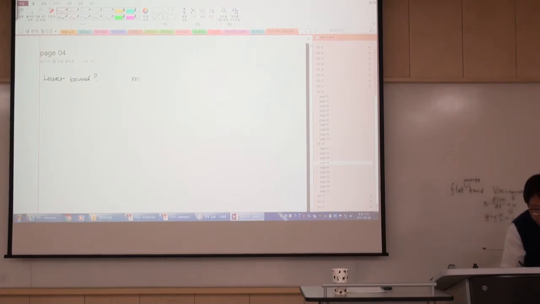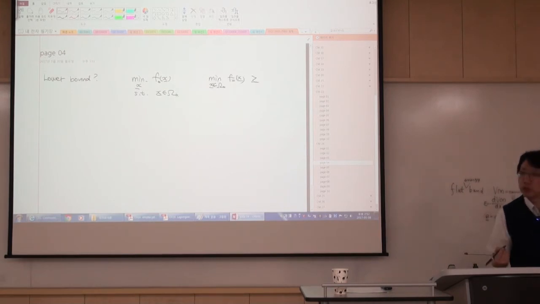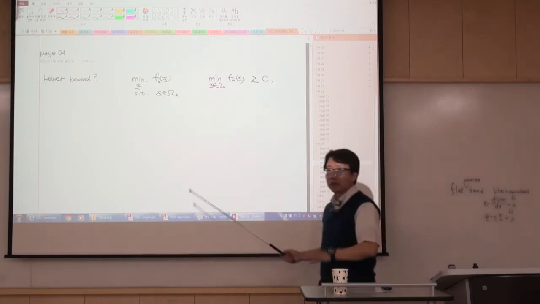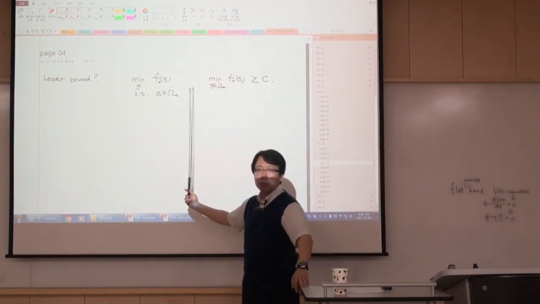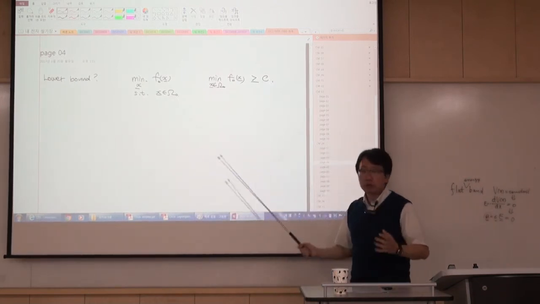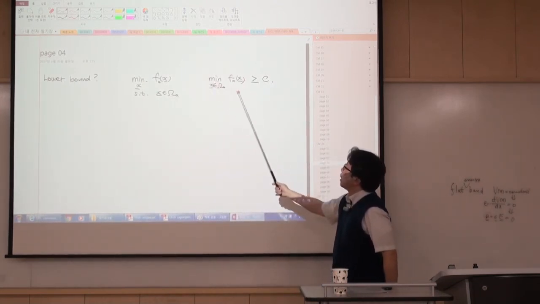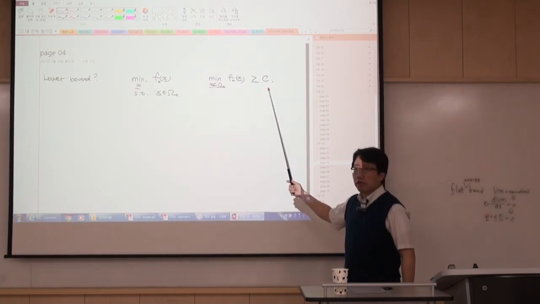Suppose you have an optimization problem like this. And somehow you find that this minimum is greater than or equal to a constant C. Got it? Suppose you have proved that this minimum value must be greater than or equal to C, some finite value.